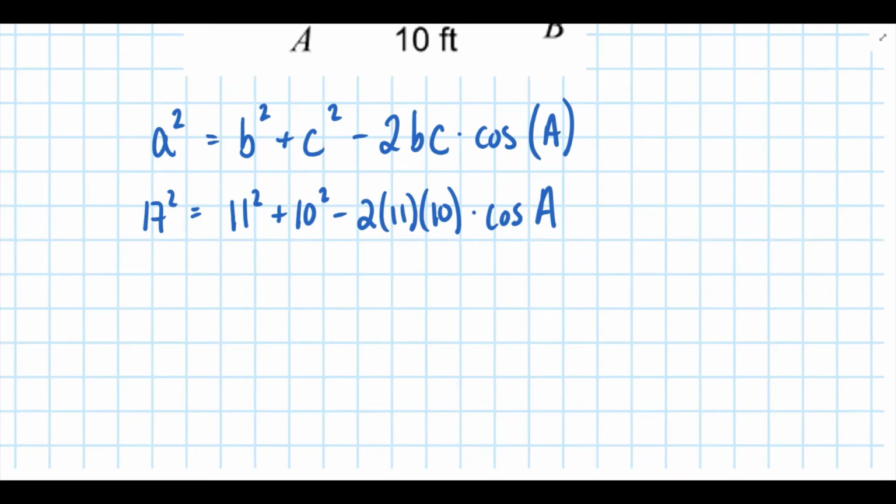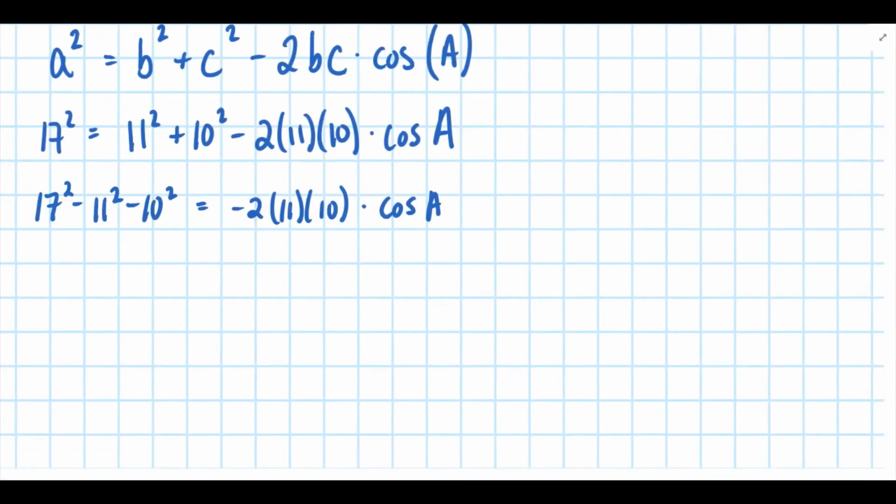I like to do all of the algebra I can first without using the calculator. So I will now subtract 11 squared and 10 squared from both sides of the equation. Then I will divide by -2 times 11 times 10.